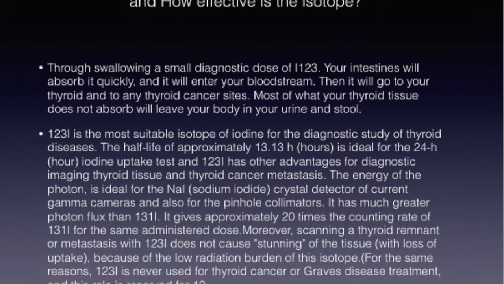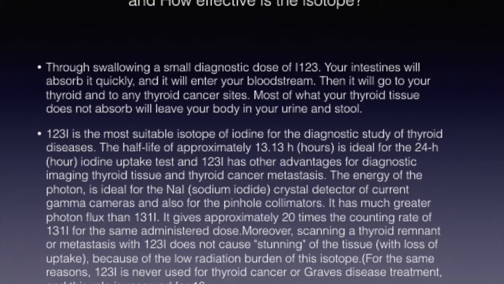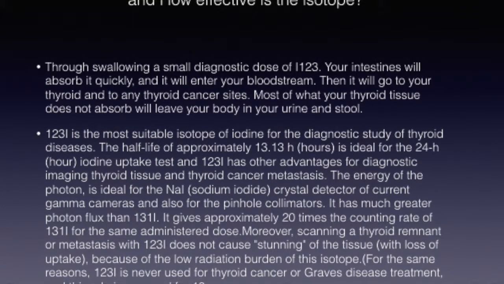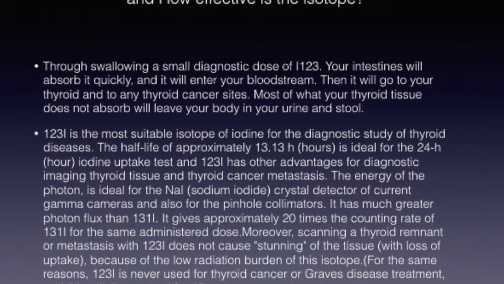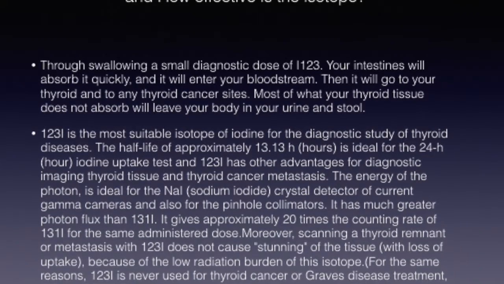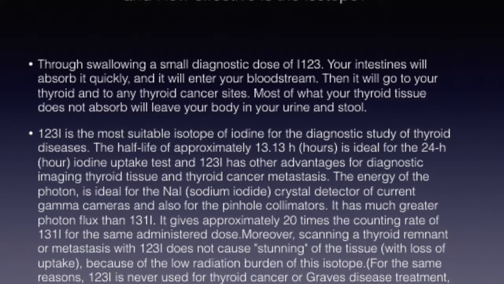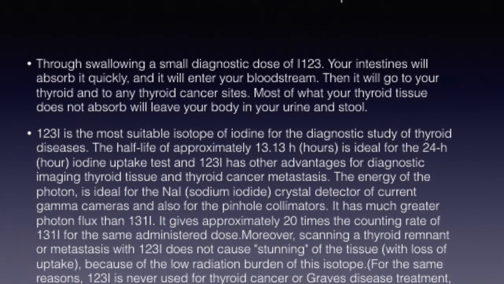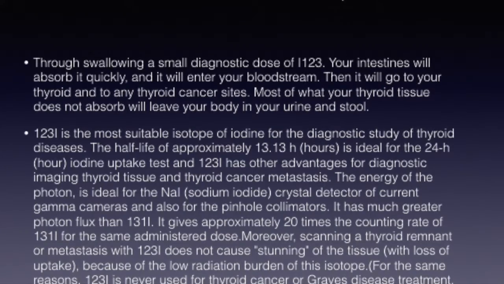How is the isotope used to address a specific problem and how effective is the isotope? You swallow a small diagnostic dose of iodine-123, your intestines absorb it quickly and it enters your bloodstream. Then it goes to your thyroid and to any thyroid cancer sites.